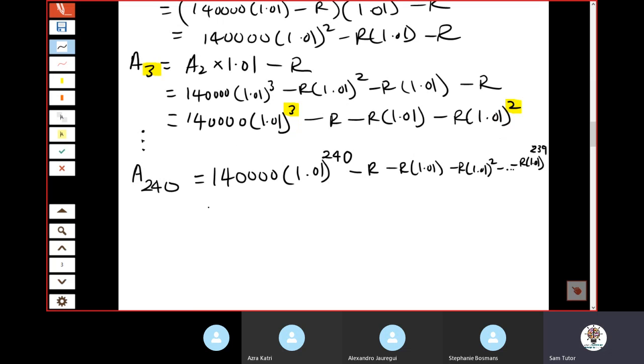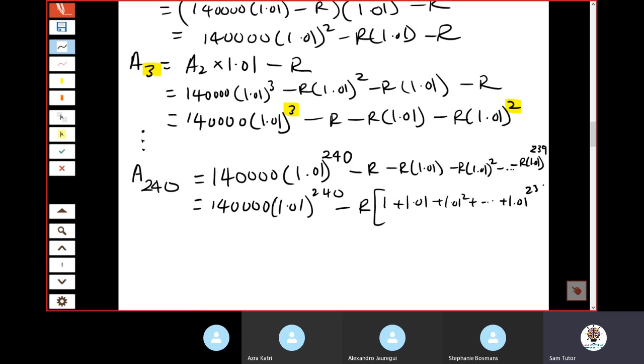Okay, next line. Again, I'm going to factorize R out. That's the only thing that's common. So I'll get R out, and then you're left with 1 plus 1.01 plus 1.01 squared plus, all the way to the top, plus 1.01 to the power of 239.